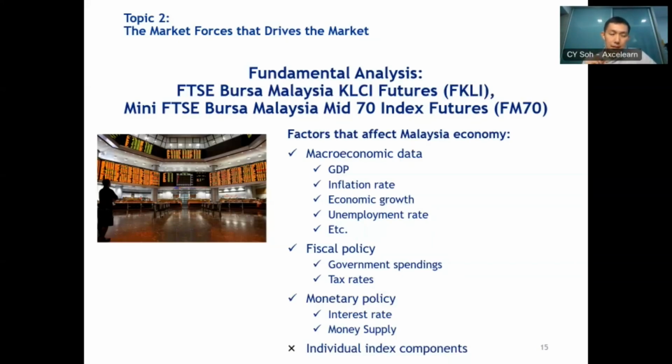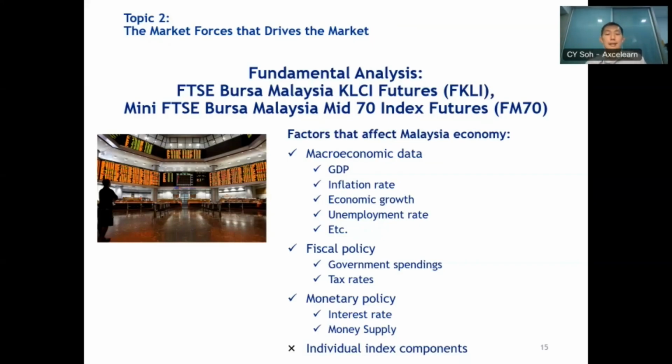To put it in simple words, when the information you gather tilts towards economic improvement or economic growth, then the index is likely to go up. And if the information tilts towards economic slowdown, deterioration or stagnation, then the index is likely to come down. Also, global market economy and sentiment affect the index futures as well, which I did not put in this slide.